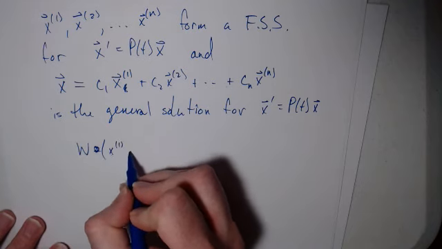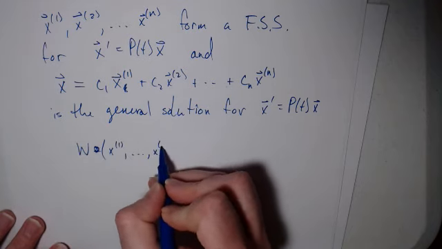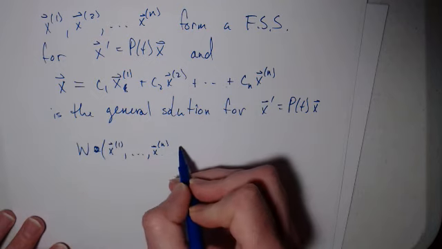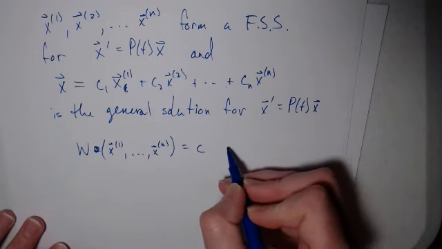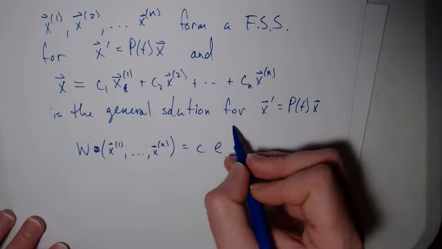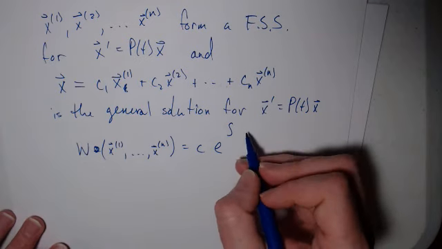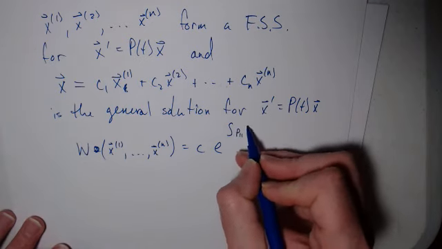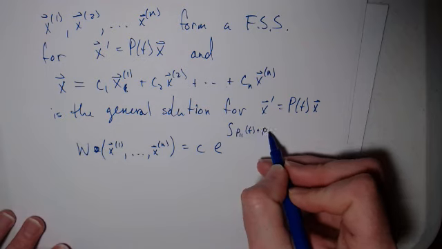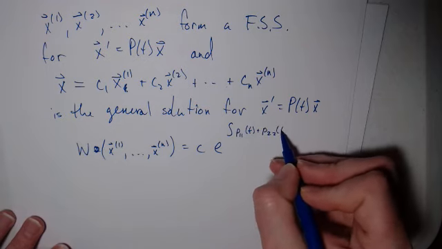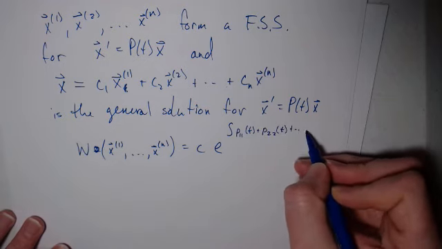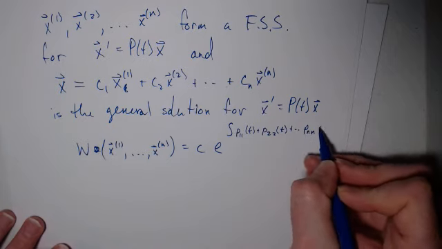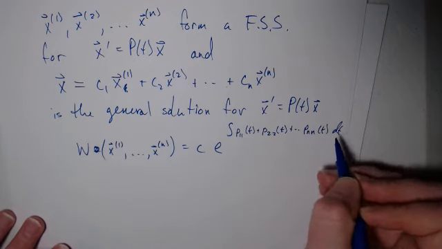Of x^(1) up to x^(n), those vectors, is equal to c times e to the integral of P11 of t plus P22 of t, and so on until we get to Pnn of t dt.